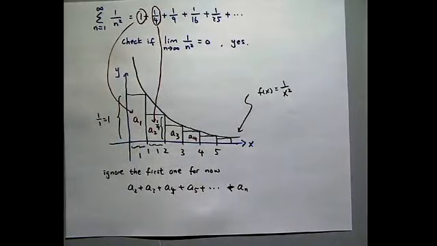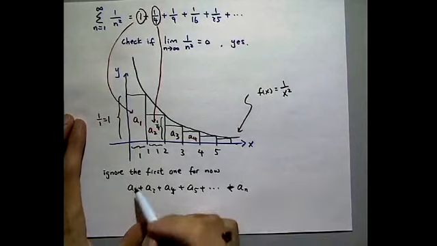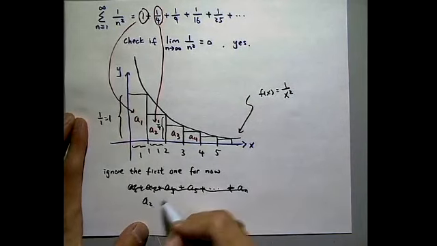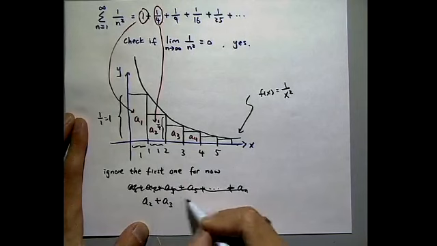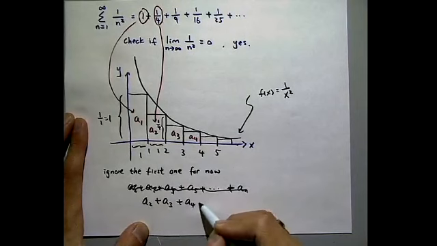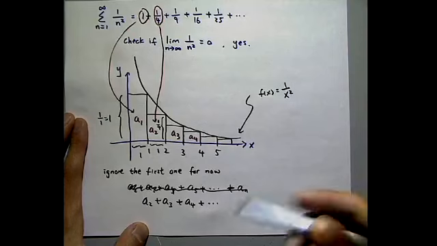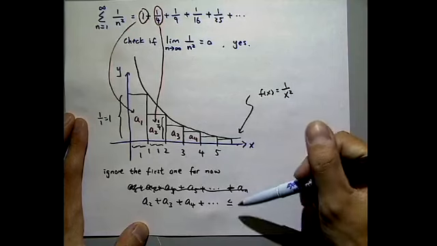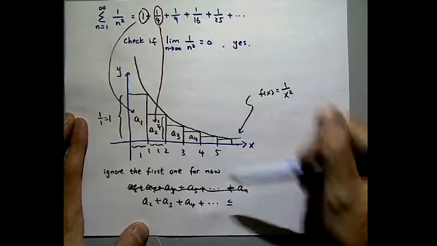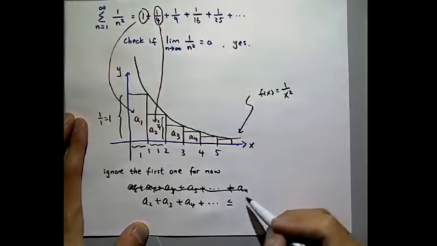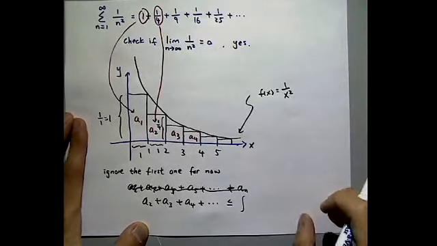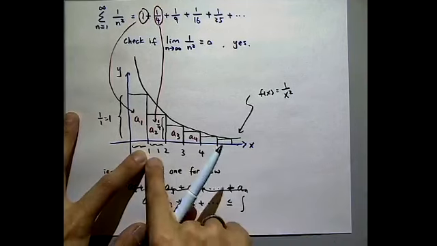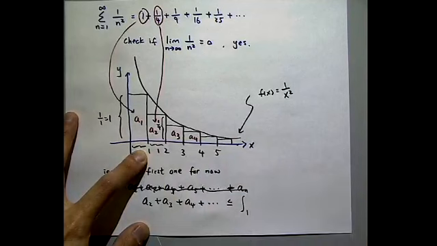So what we can write here, actually let me rewrite this one. Sorry about that. Let's write A2 plus A3 plus A4 plus dot, dot, dot. Whatever this turns out to be, we know it's smaller, but at most, equal to the area under the curve. And the area under the curve is starting at x is equal to 1.